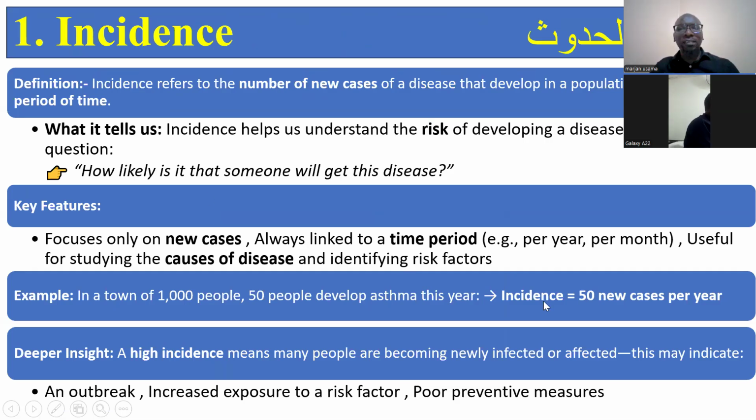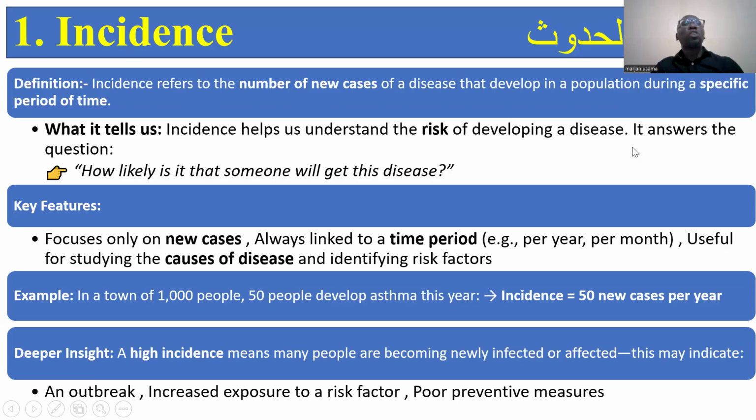And when you're talking about incidence, you are talking about معدل الحدوث. So what is this معدل الحدوث? So incidence refers to, underline this, the number of new cases, الحالات الجديدة, of a disease that develop in a population during a specific period of time.